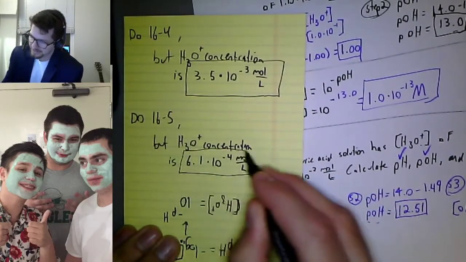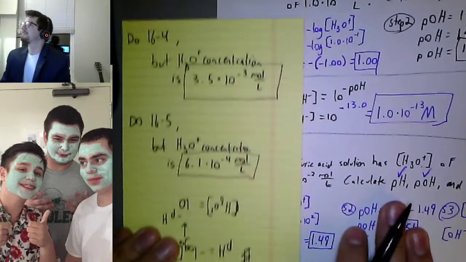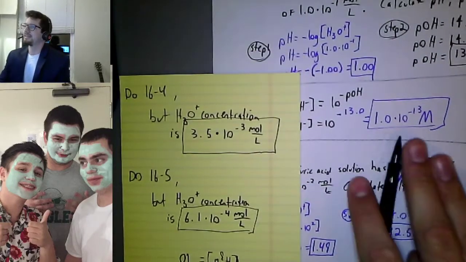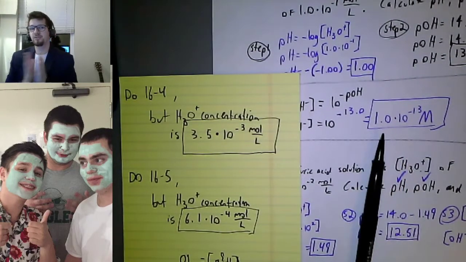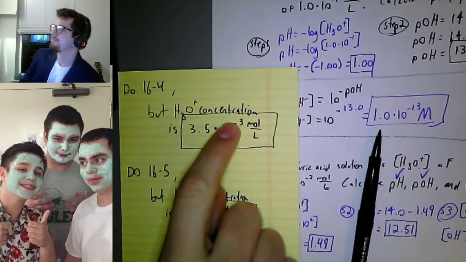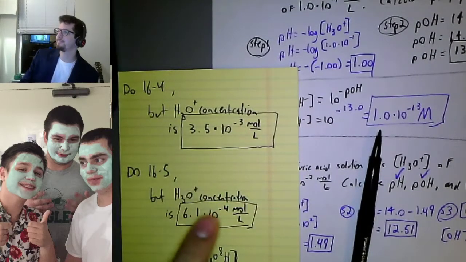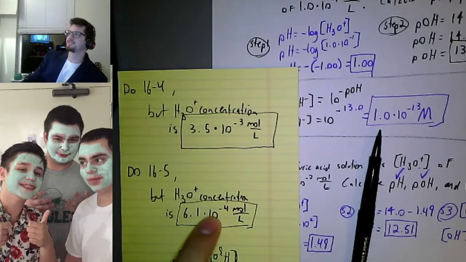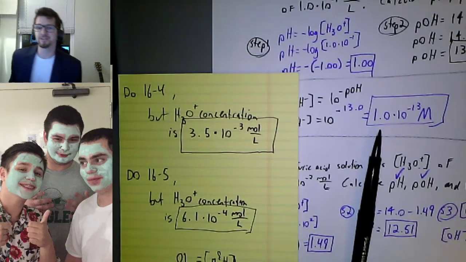So basically, instead of handwriting these problems out and taking 5 minutes of the video to do it, if you guys could just do those two problems, but change the main important number in 16-4 and change 16-5's number to be this one, that would be perfect.